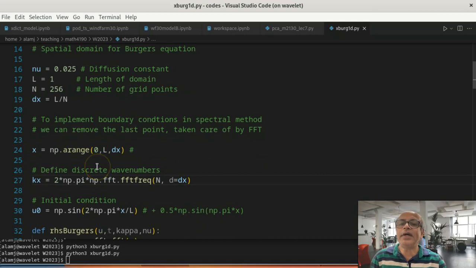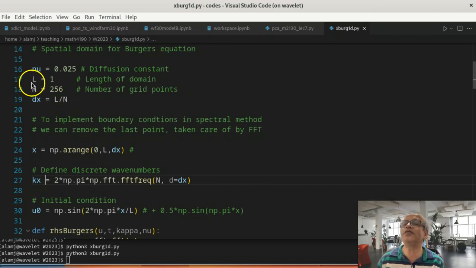So keep in mind I want to use periodic boundary condition. One way technically to apply periodic boundary condition in MATLAB or Python is to discretize the grid in a way that the right boundary point is removed from the grid.